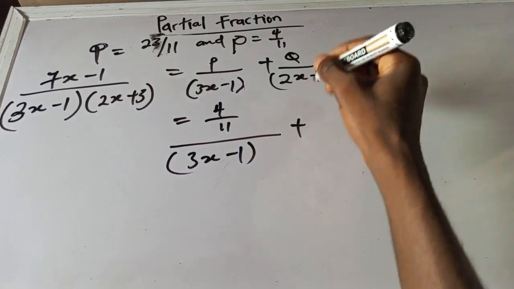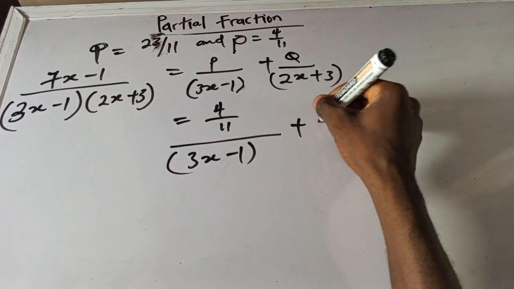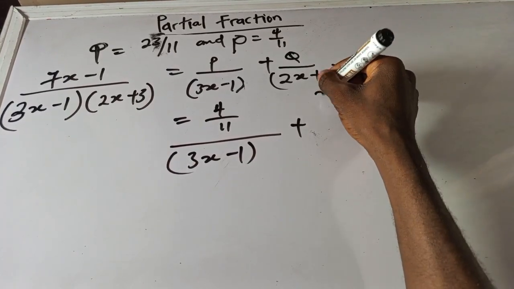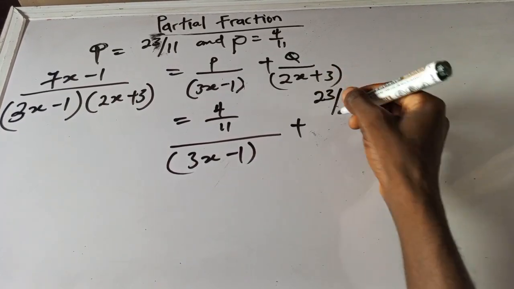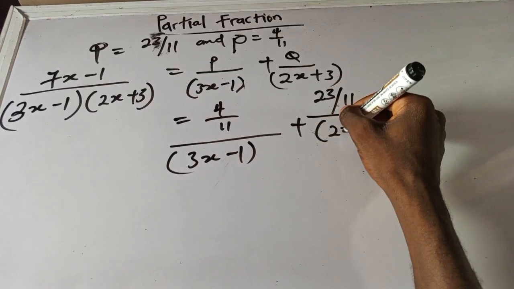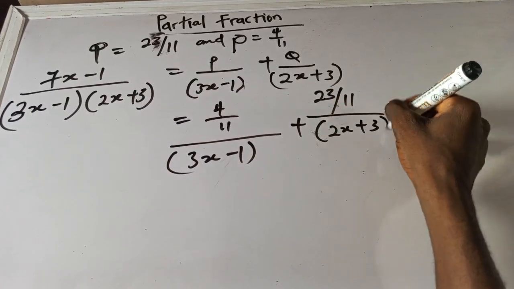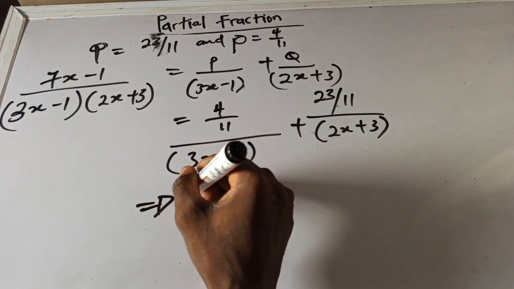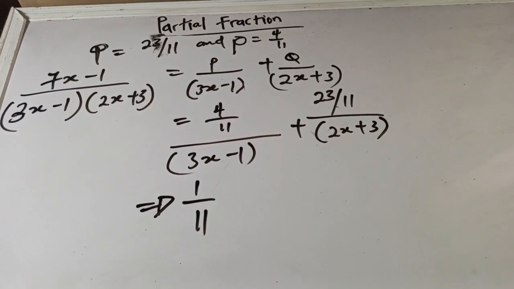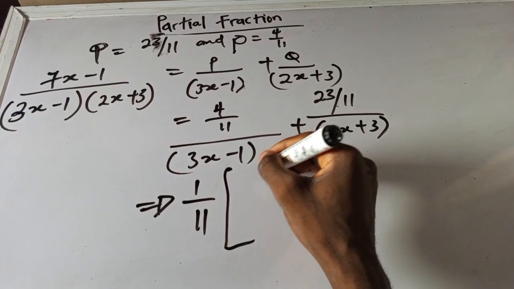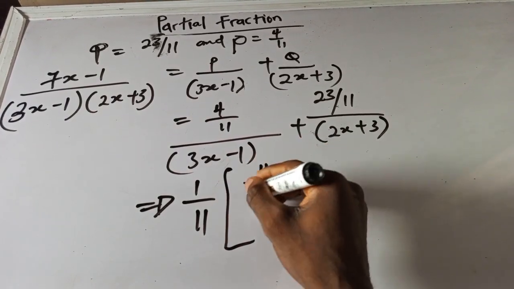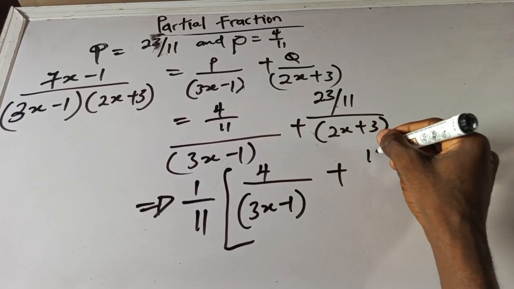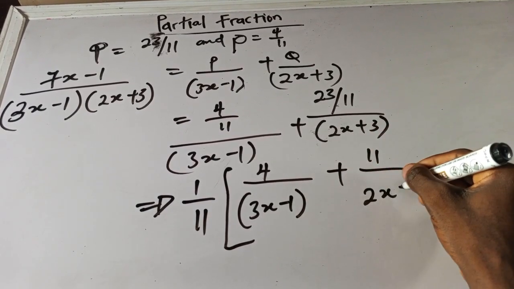Then positive, my q is 23 over 11 divided by 2x positive 3. All right. Solving this, we're going to have 1 over 11, the bracket of 4 over 3x negative 1, positive 23 over 2x positive 3.